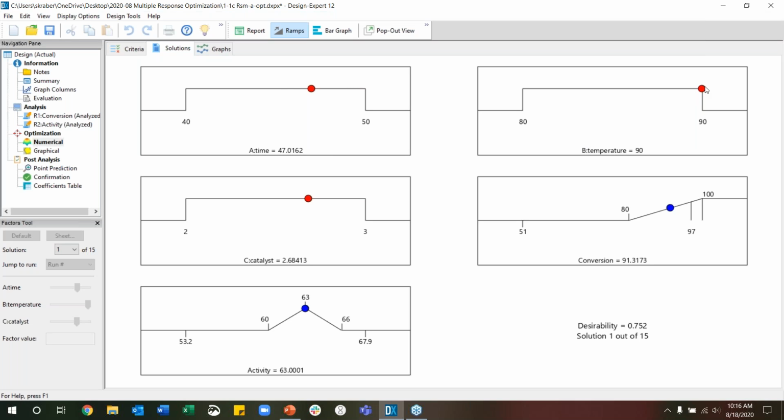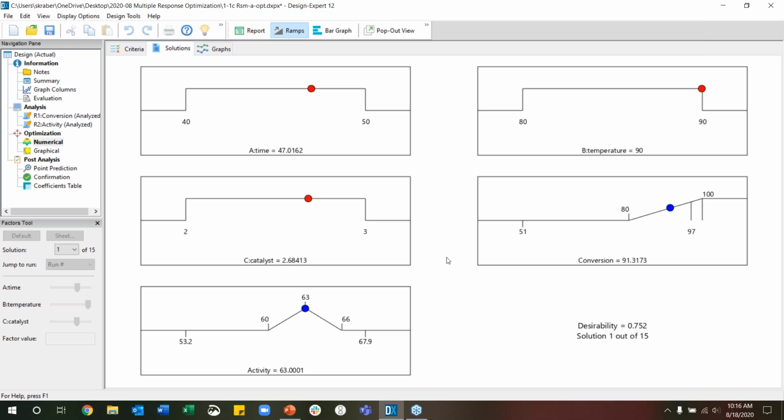Temperature is set at the far right side at 90 degrees, and catalyst is at 2.68, kind of about 2/3 of the way over. With those process settings, I then get a percent conversion of 91% and an activity right spot on at 63. So this is a good picture view.